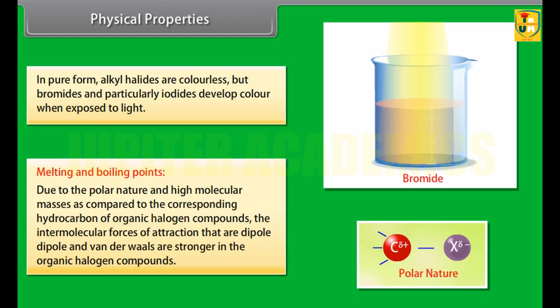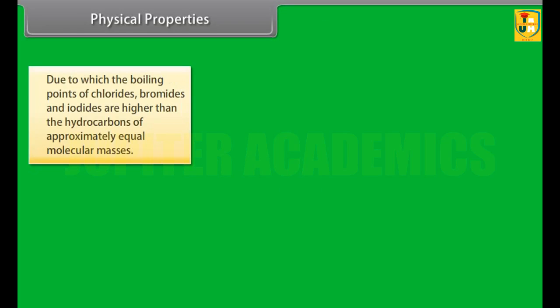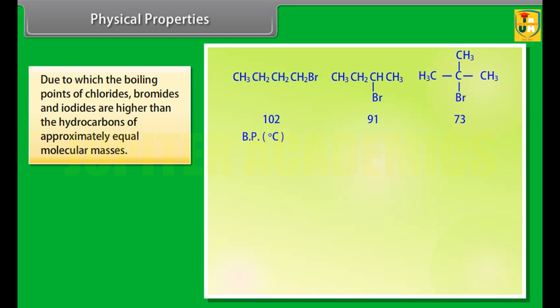Due to the polar nature and high molecular masses of organic halogen compounds as compared to the corresponding hydrocarbons, the intermolecular forces of attraction, that is dipole-dipole and van der Waals forces, are stronger in the organic halogen compounds, due to which the boiling points of chlorides, bromides and iodides are higher than the hydrocarbons of approximately equal molecular mass.